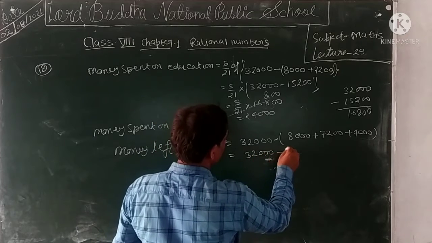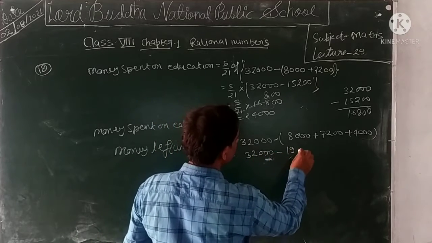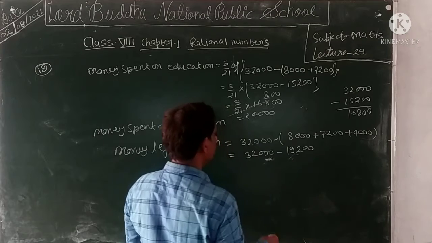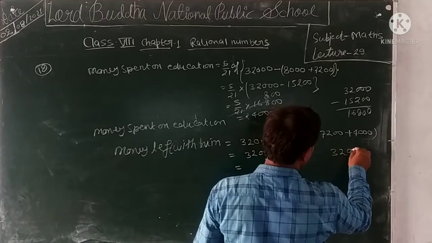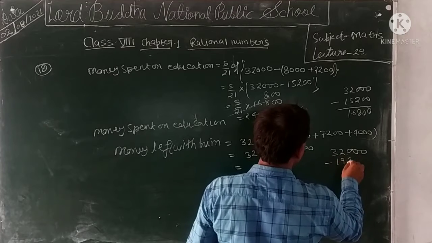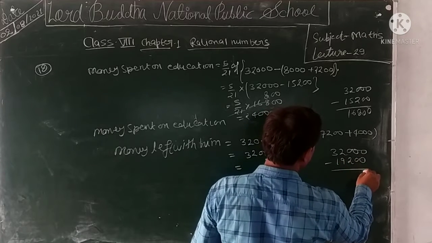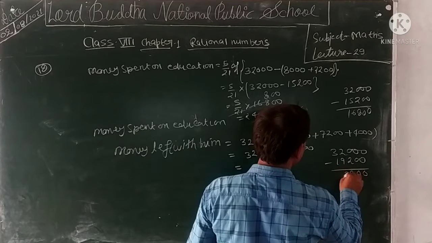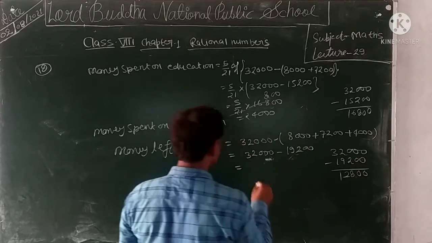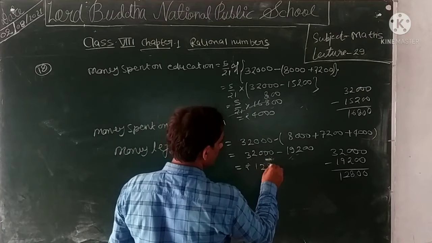32,000 minus 19,200 equal to 32,000 minus 19,200. 0 0 10 minus 2 8. In other sign 2 2 minus 1, 12,800.